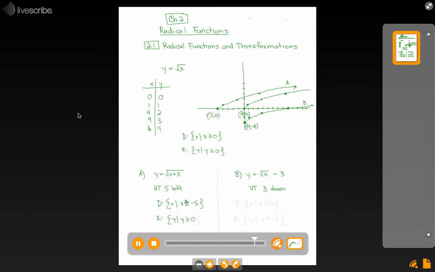Sorry, I wrote a less than sign instead of the greater than sign, which is what I've told you not to do. In the second one, for graph B, the domain is back to where it originally was, x greater or equal to 0. But because I moved the graph down, the range did change, and so y is now greater or equal to -3.